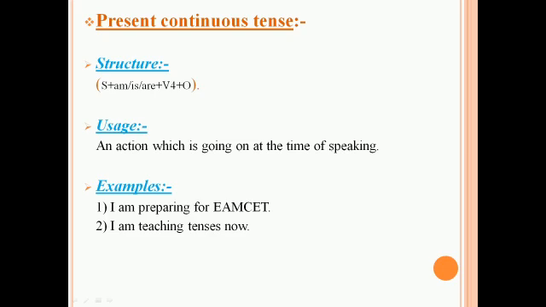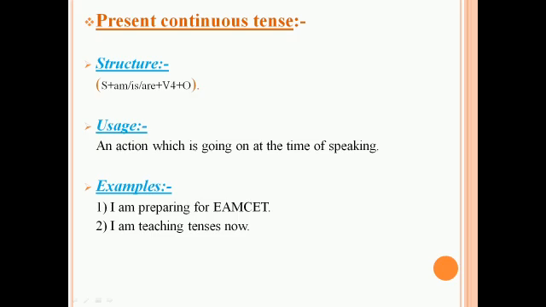Now come to present continuous tense. The structure of present continuous tense is subject plus am or is or are plus V4 plus object. V4 means V1 plus ing form of verb. Example, doing, writing, coming, going, telling, like that.